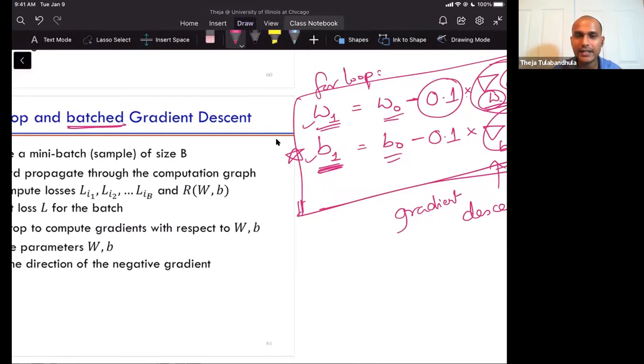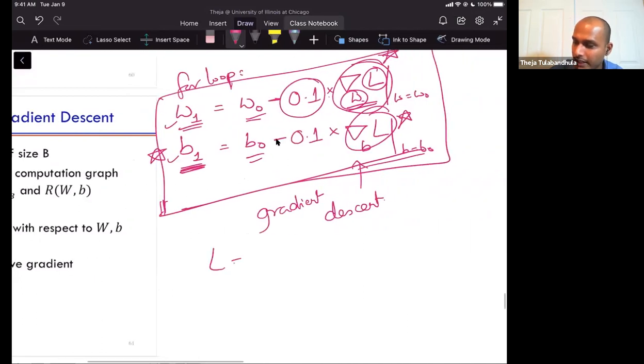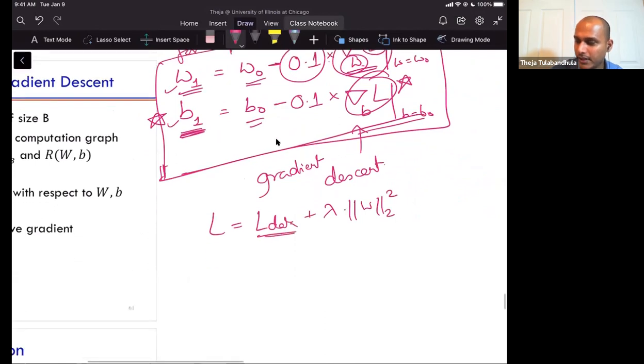L was equal to L data plus a regularizer, something like lambda times norm of W squared. And L data was equal to L1 plus L2 plus, if I have 1,000 examples, up to L 1,000.